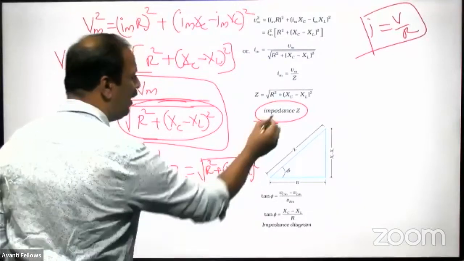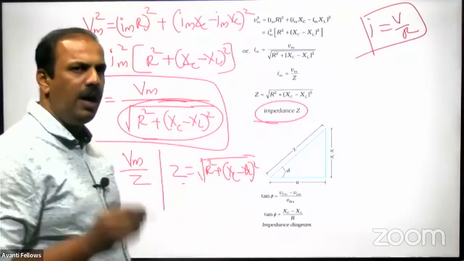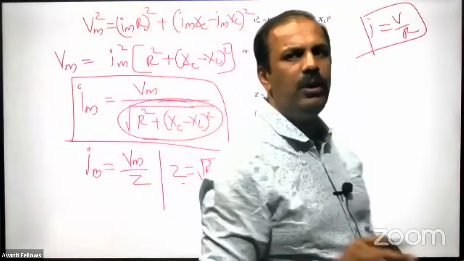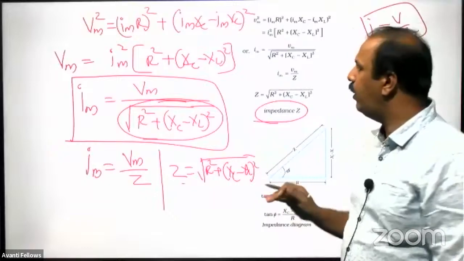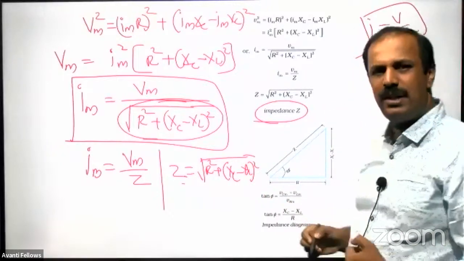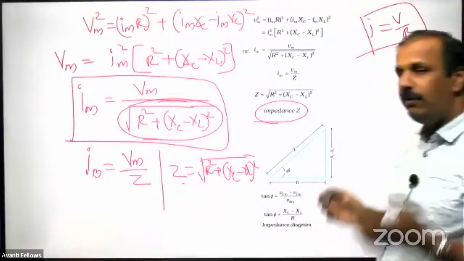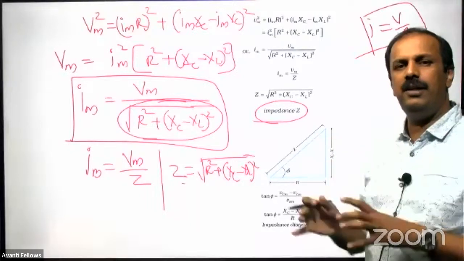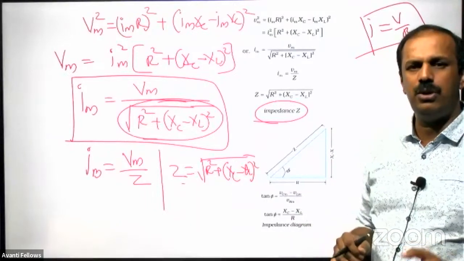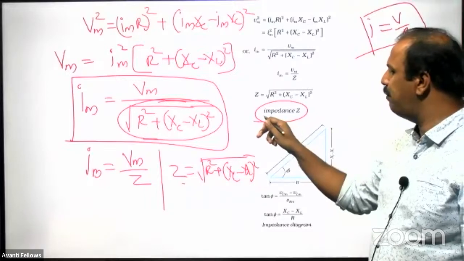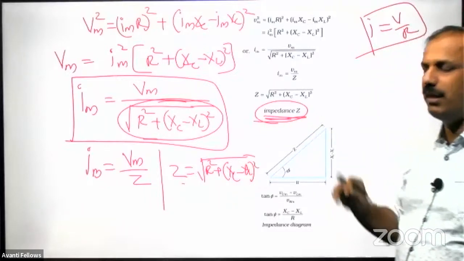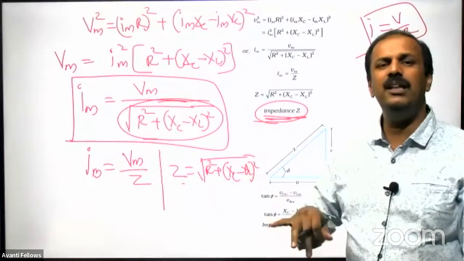This thing is called impedance. So when you have an inductor or capacitor alone, we have an opposition which is XC or XL, that is called reactance. And when we have capacitor, inductor and along with that resistance also, the opposition is called impedance. Many times that question came, what is the difference between the reactance and the impedance?